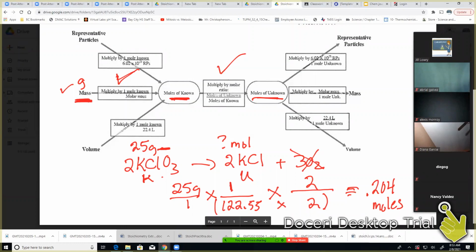So those last 6, 7, 8, 9 are going to follow this pattern. I'll start with my given grams, and I'll use that molar mass on the first step, but it'll be on the bottom, and then I'll use my mole to mole ratio.